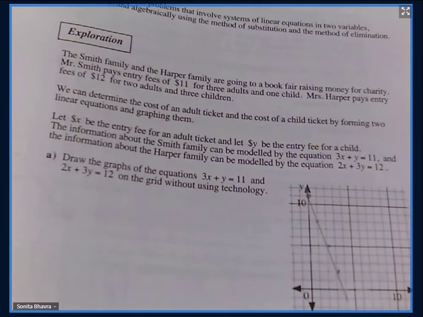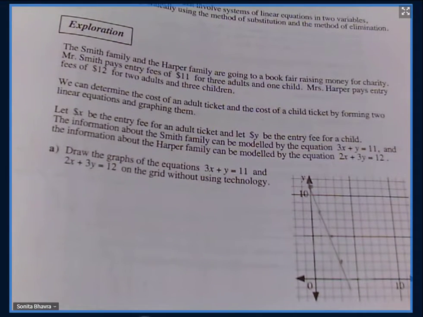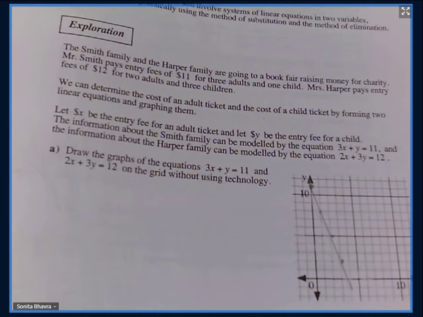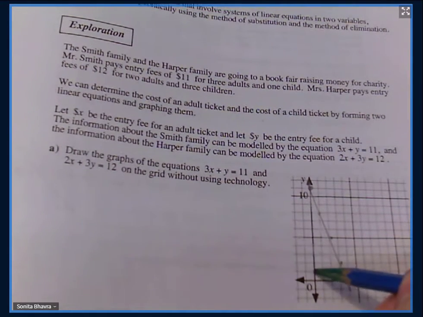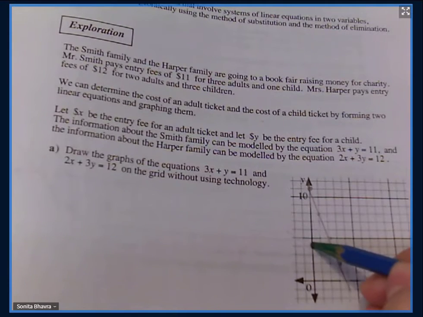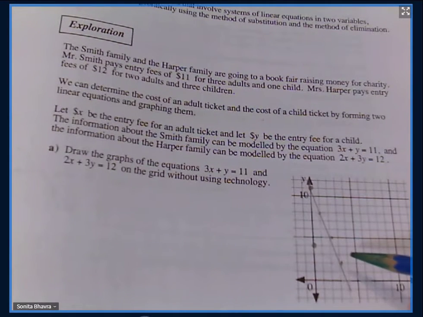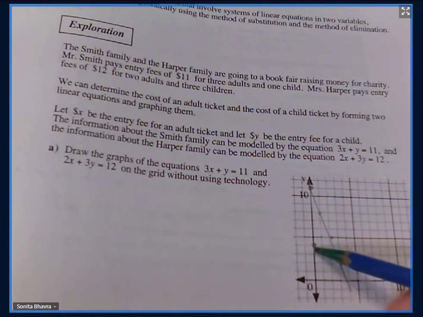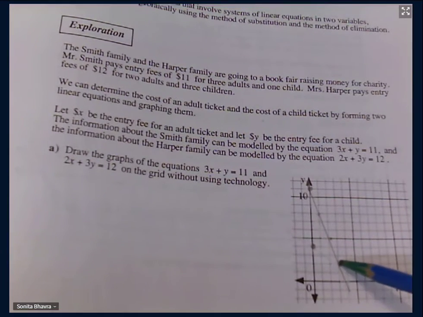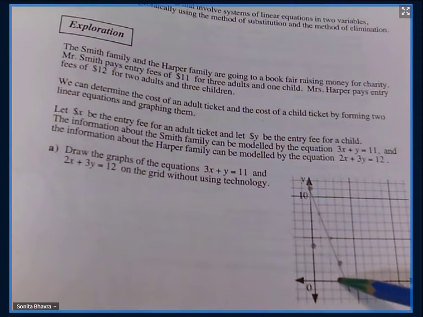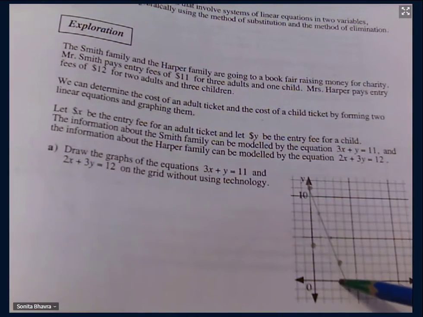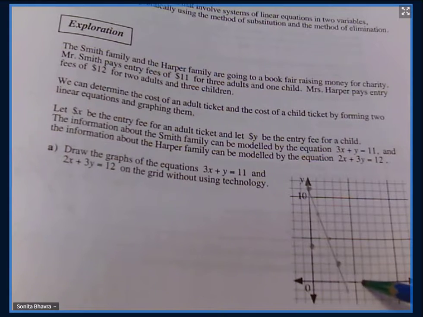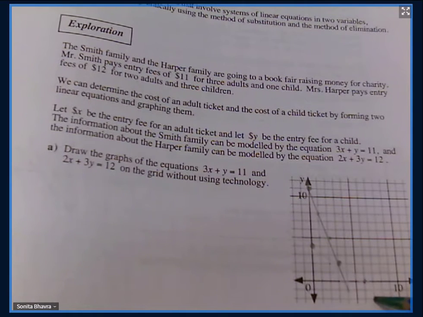Second line, the slope was negative 2 over 3, and the y-intercept was at 4. So 1, 2, 3, 4. There's my y-intercept, and my slope is negative 2 over 3. So down 2, over 3, down 2, over 3, and down 2, over 3, like so.